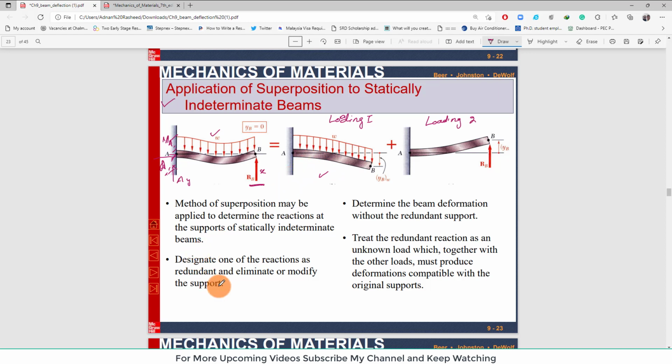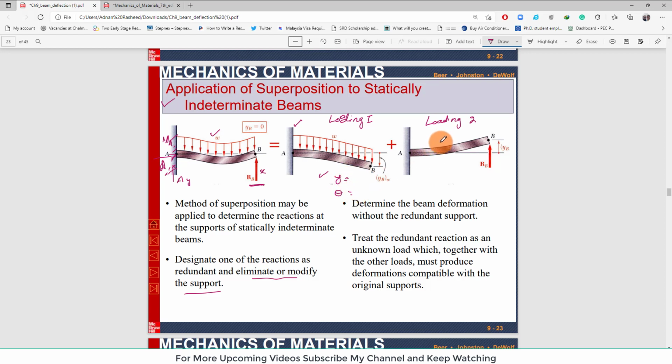Clear? So what we will do is designate one of the reactions as redundant and eliminate or modify the support. Here we have removed this reaction as the redundant reaction and modified our problem like this. So determine the beam deformation without the redundant support. You have to determine the deflection and slope for this. Clear?